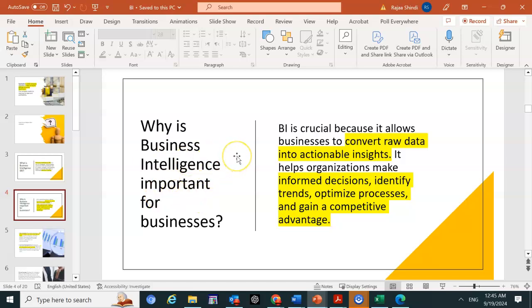As an information system tool, it allows businesses to convert the raw data they collected into actual insight, telling more of a story about the data, using the data to make decisions, identify trends, optimize processes, and gain a competitive advantage in their business.